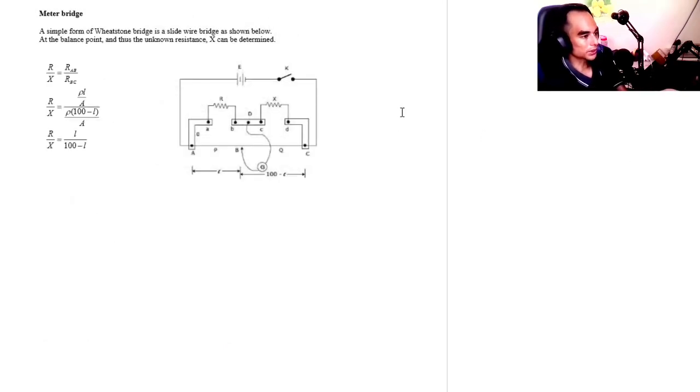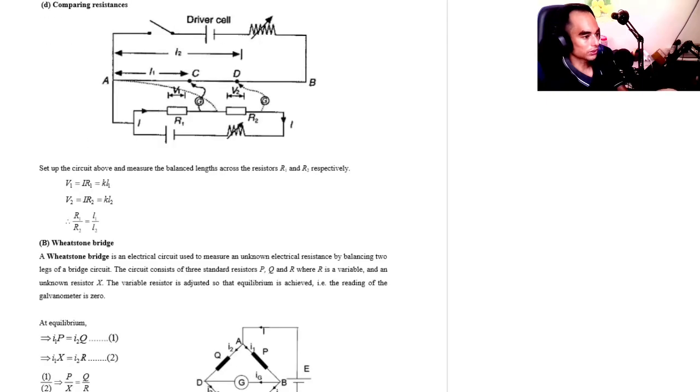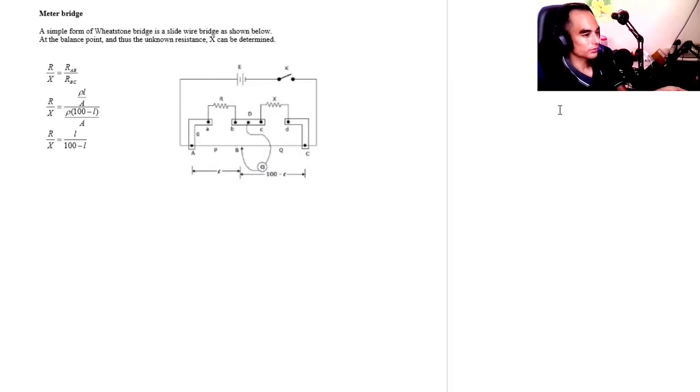This is in your experiment. Meter bridge you have done before. You can determine how much is the resistance of X by using a Wheatstone bridge. Okay, and lastly, finish already.